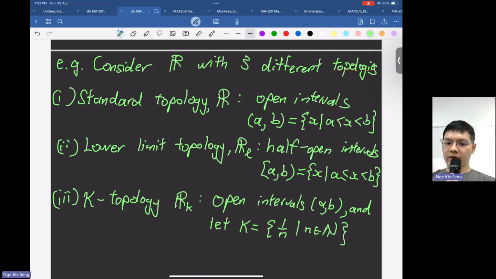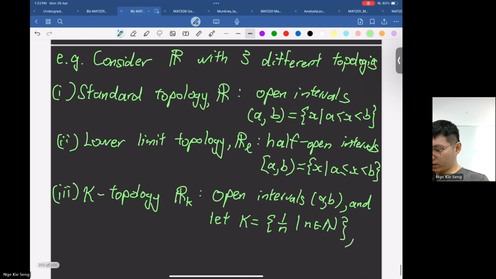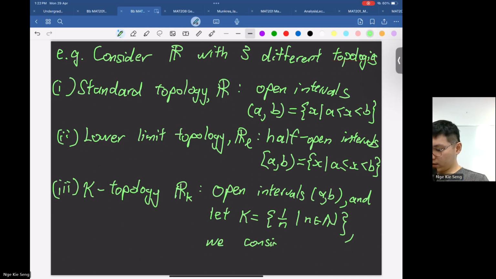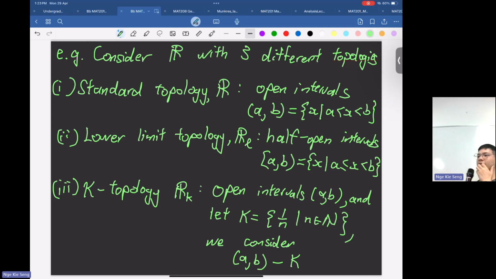And we will consider all the (a, b) take away K. It's like you are making a hole inside (a, b). If your (a, b) includes the interval from 0 to 1, you are making a hole inside it. Does it make sense or not?